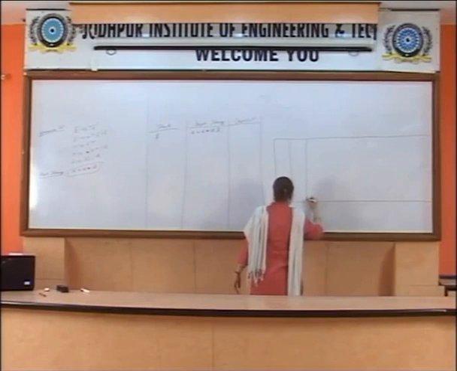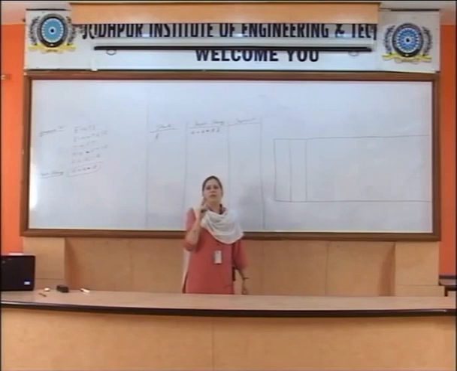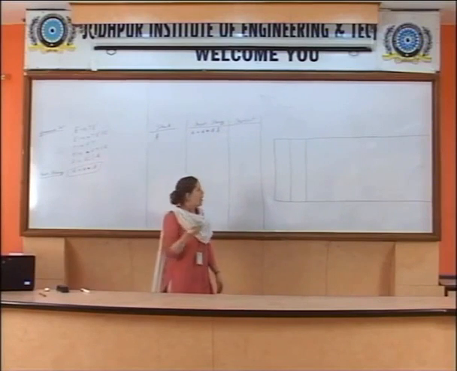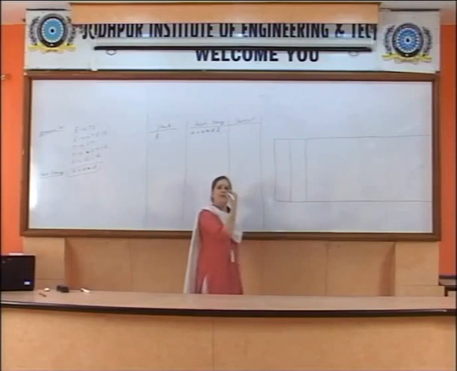As we have seen, the parsing table is a 2-dimensional array in which the left part holds the non-terminal symbols.